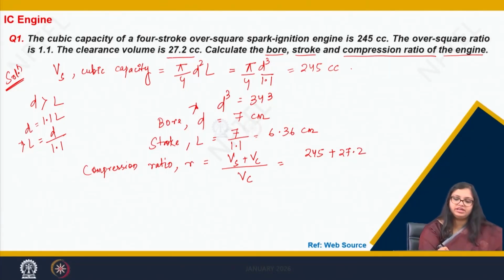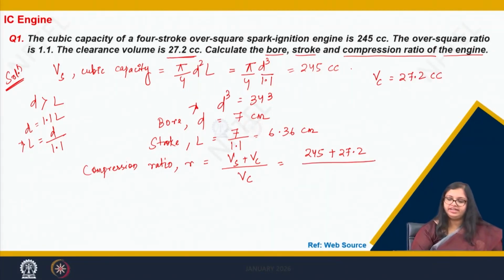Here my clearance volume Vc is given as 27.2 cc, divided by Vc, that is 27.2, which is equal to 10. So the compression ratio of this over square spark ignition engine is 10.